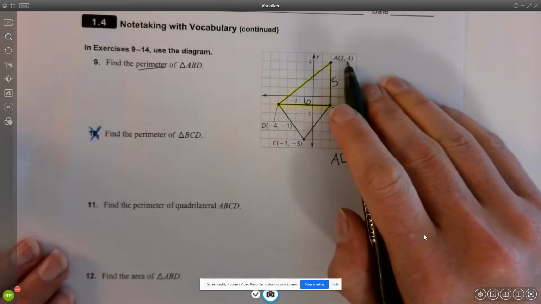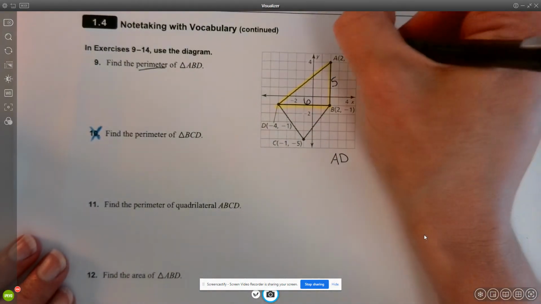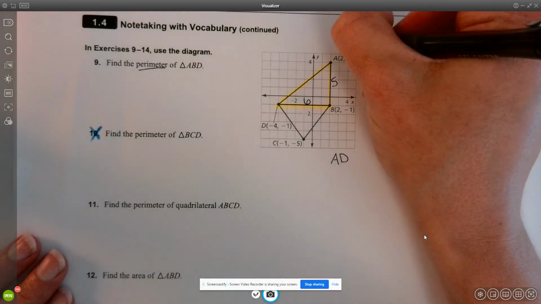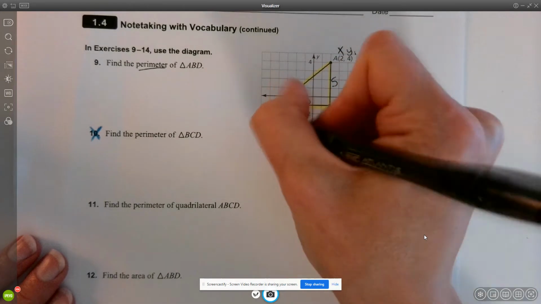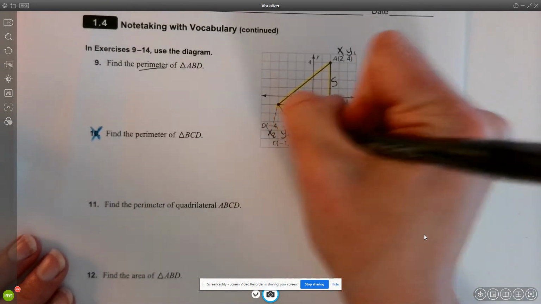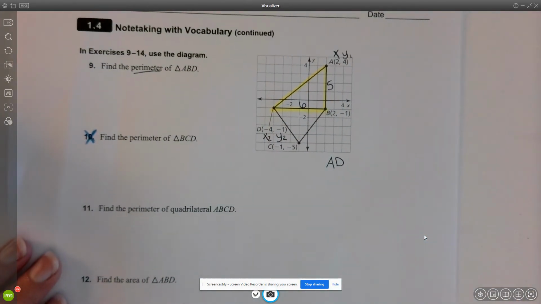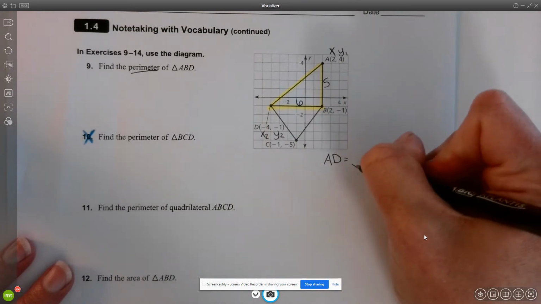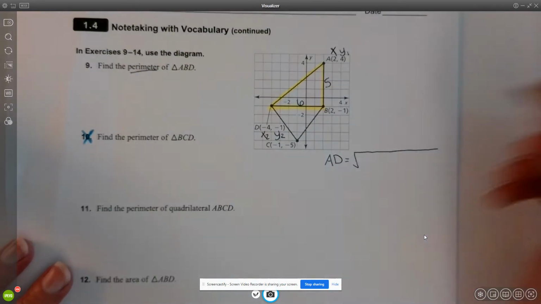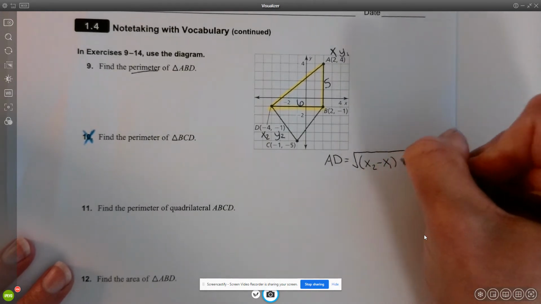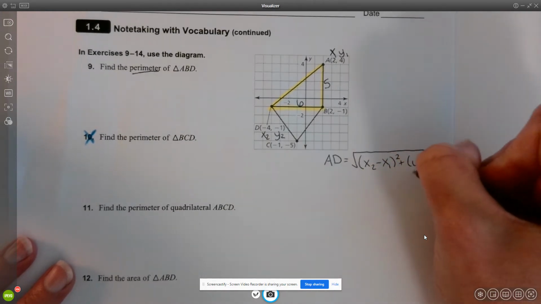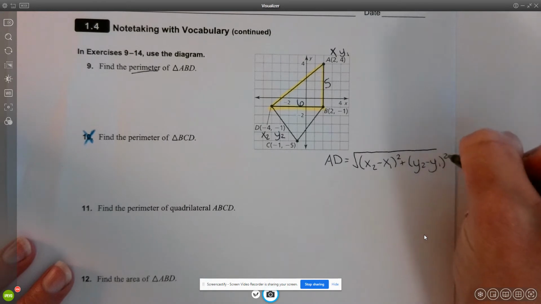So AD, I'm going to label point A, which is 2, 4 with x1, y1, and I'll label point D x2, y2. And I'm going to use this in my distance formula. So remember, the length of AD is equal to the square root of x2 minus x1 squared plus y2 minus y1 squared.